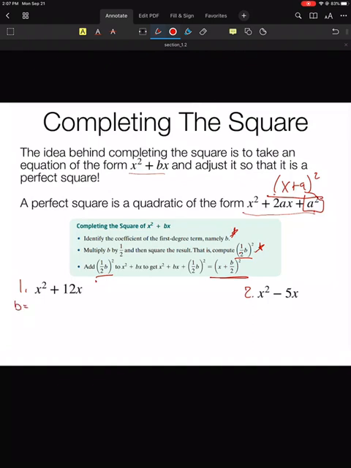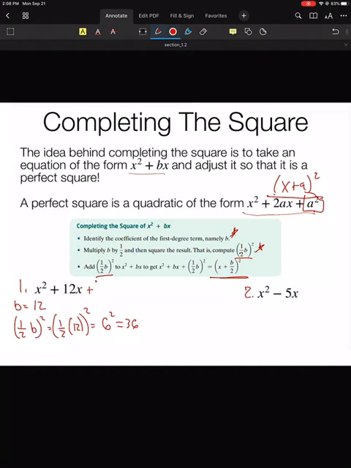We'll start with example number 1, and then we'll go to example number 2. If we identify the b for this expression, it's 12. Then we need to find (1/2 b) squared. So b is 12, so I substitute in 12. 12 times a half is 6, and 6 squared is 36. That's our (1/2 b) squared.